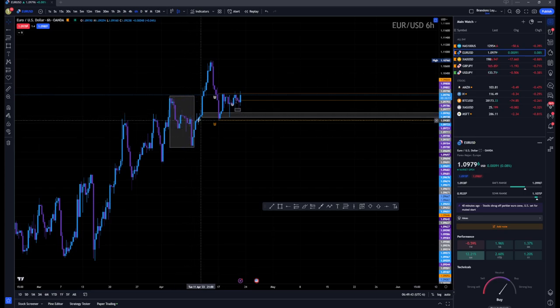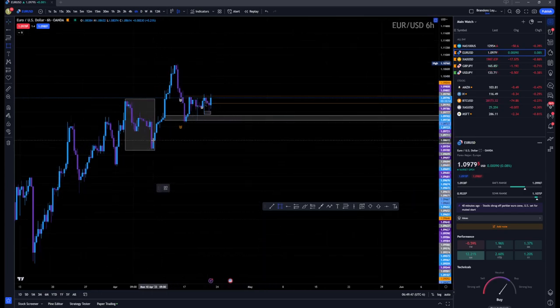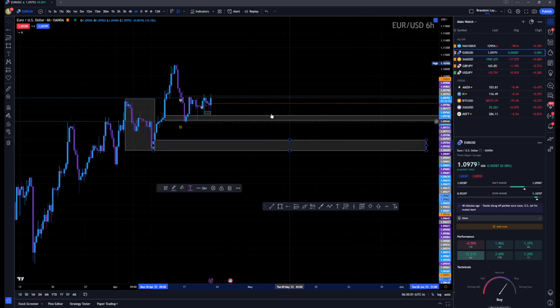So we have a large level put in there. We could potentially see price come back down to this $1.0832 to $1.0861 zone.